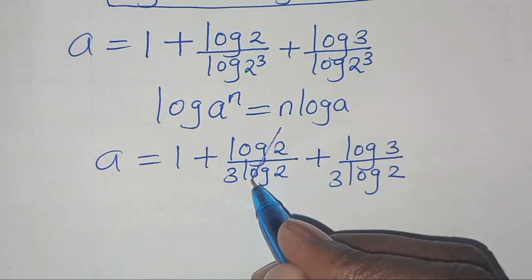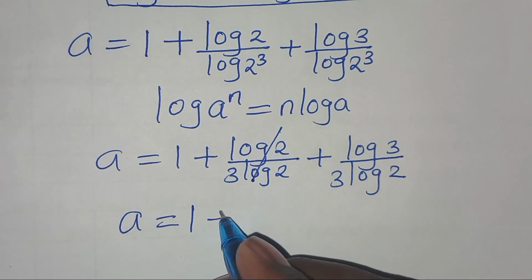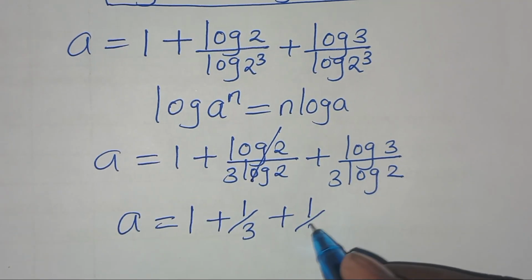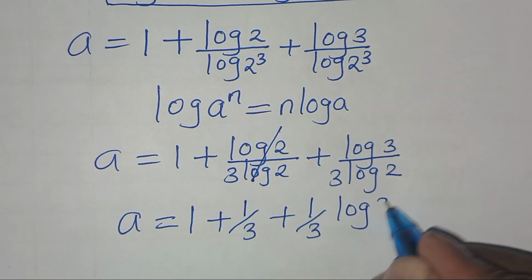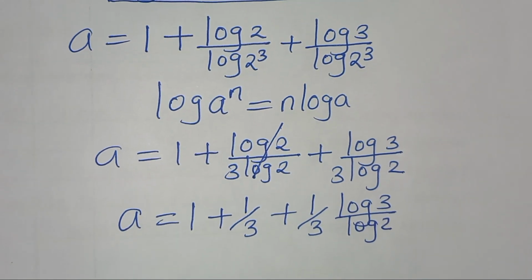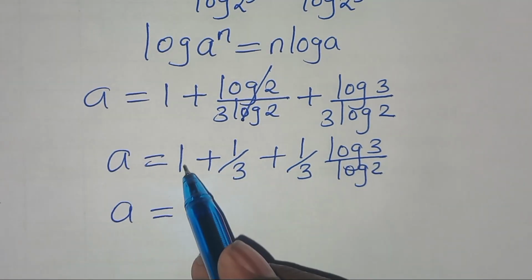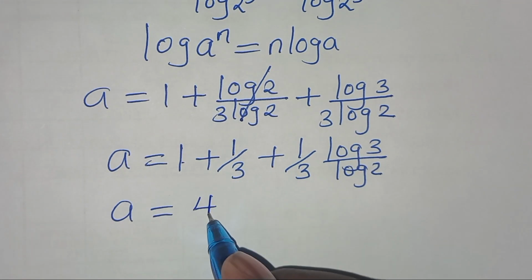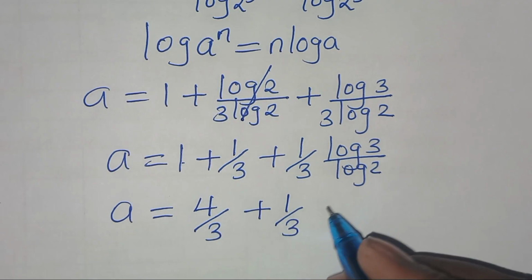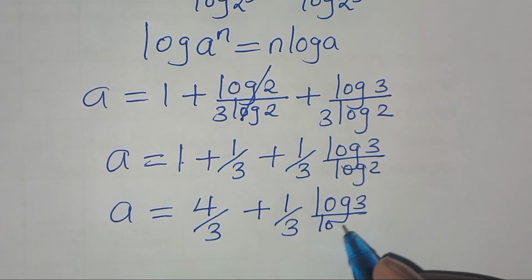So log 2 and log 2 simplify so that a is equal to 1 plus 1 over 3 plus 1 over 3 log 3 divided by log 2. Now this implies that a is equal to 1 plus 1 over 3, this is 4 over 3, plus 1 over 3 log 3 divided by log 2.